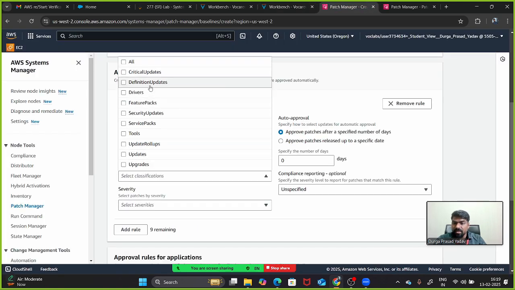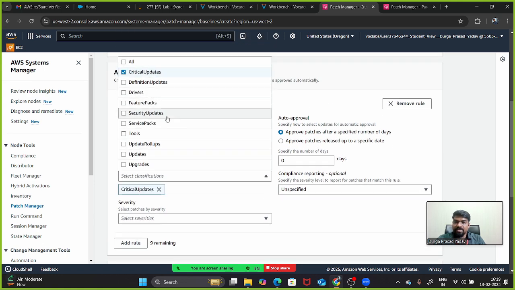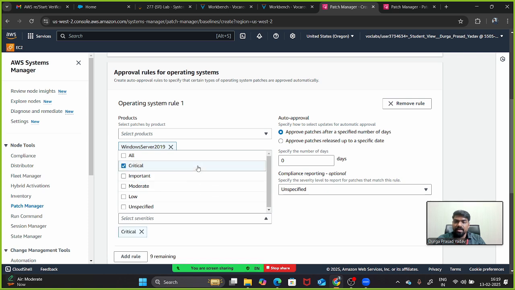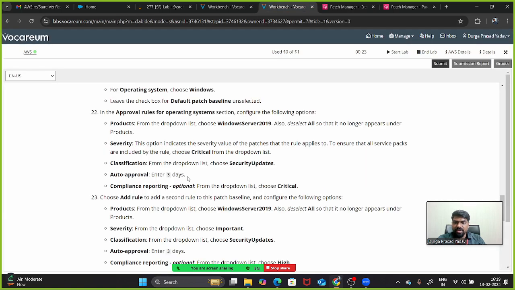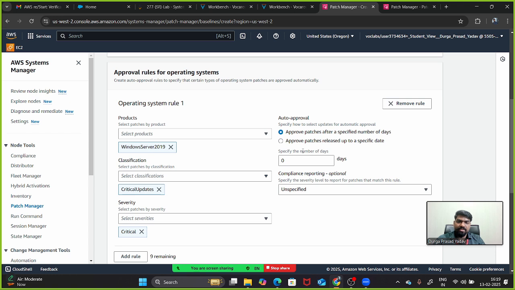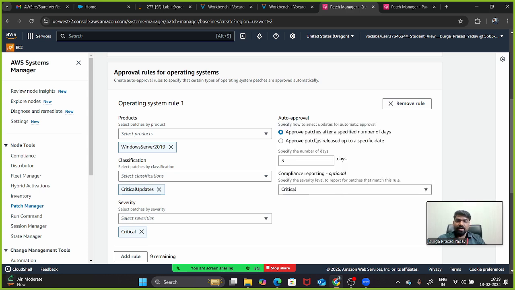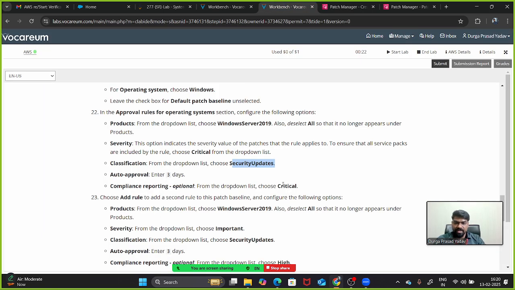Here you keep critical ones, critical update. In severity we keep critical here as well. For this one we are just keeping critical severity, security update. In auto approval you can keep it at 3 days. Within these 3 days this patch should get auto approved. Compliance reporting we can keep critical again. Compliance reporting is critical only.